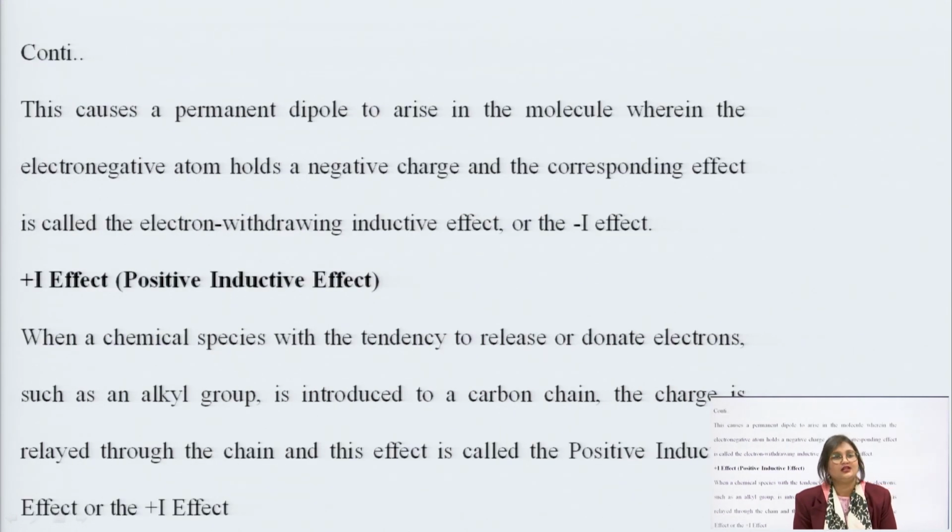This causes a permanent dipole to arise in the molecule, wherein the electronegative atom holds a negative charge, and the corresponding effect is called the electron withdrawing inductive effect or the negative inductive effect. Whereas, when a chemical species with a tendency to release or donate electrons, such as an alkyl group, is introduced into a carbon chain, the charge is relayed through the chain and the effect is called a positive inductive effect.